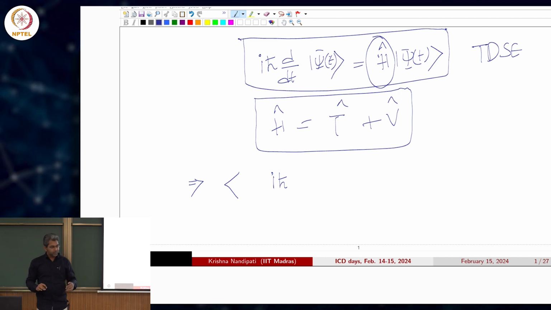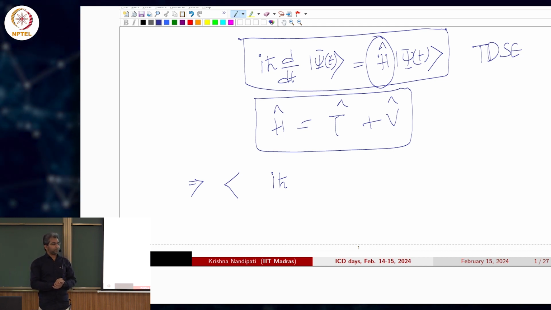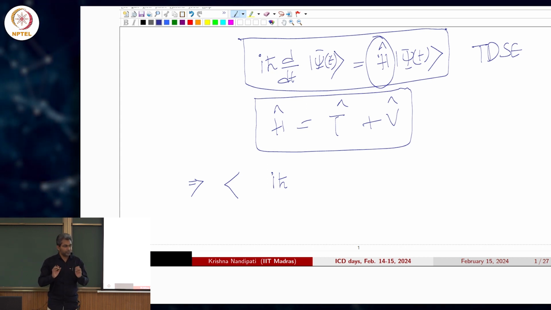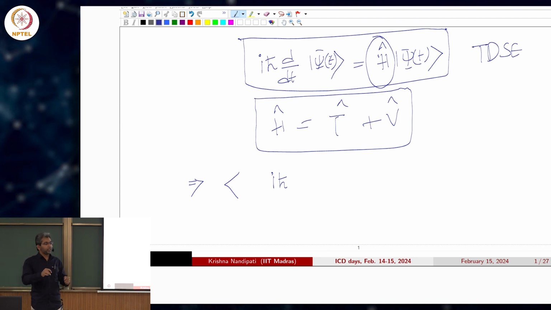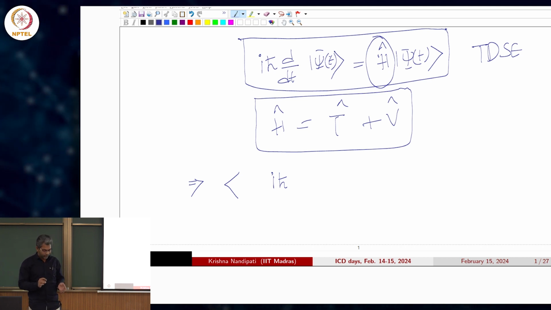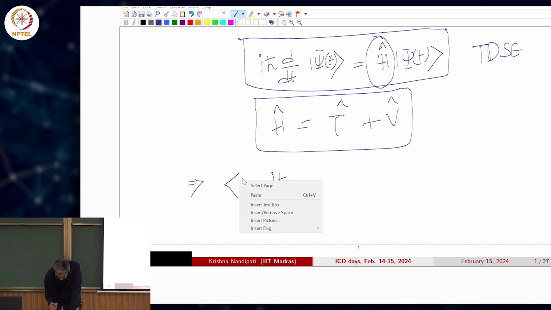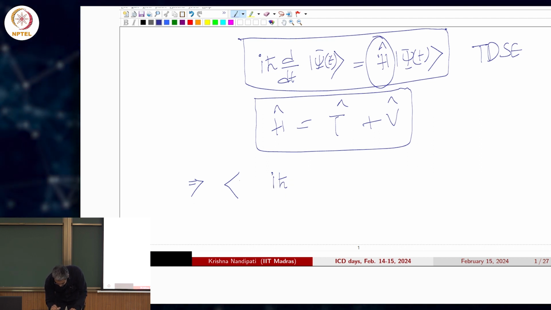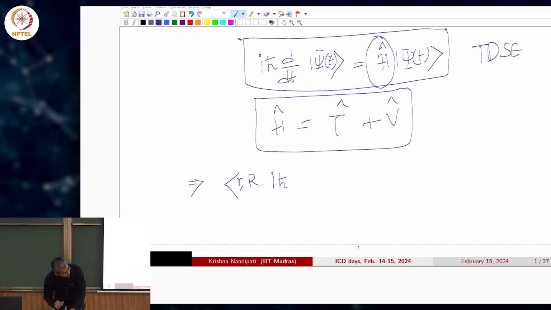For heuristic arguments, just imagine it's a soup of nuclei and electrons. In order to describe the positions of the nuclei and electrons, you need to associate them with their position coordinates. So in coordinate space, let me denote small r for the electrons and capital R for the nuclei.